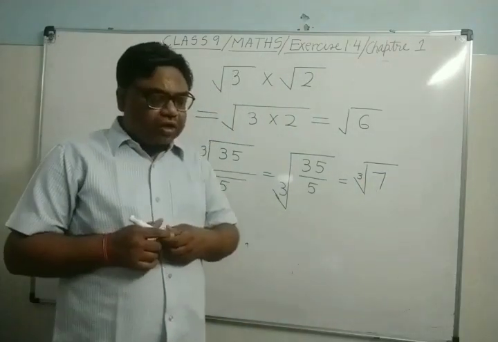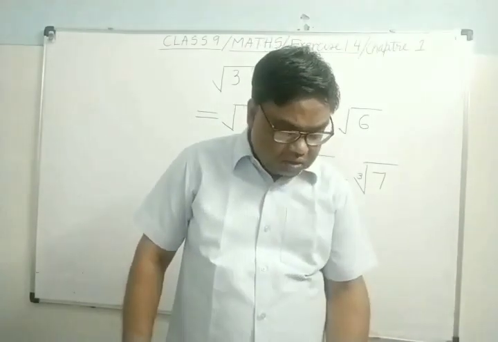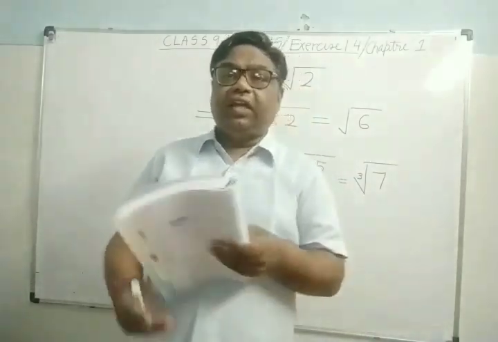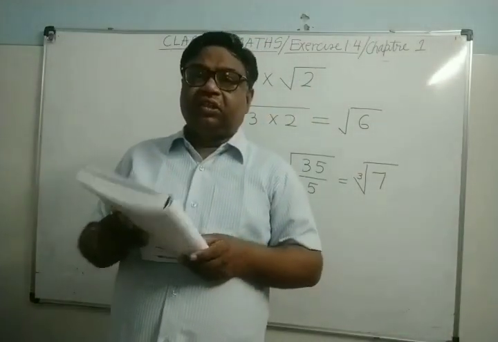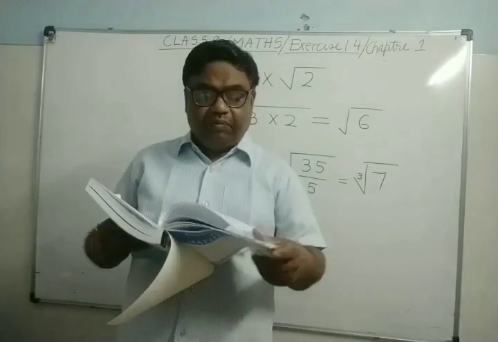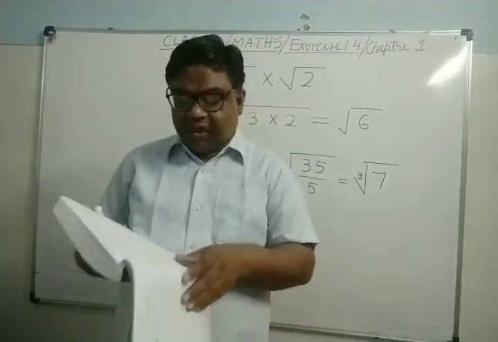So these two are the important rules by which we can do the simplification of a mathematical expression containing many surds. In this way we can simplify. It's clear?